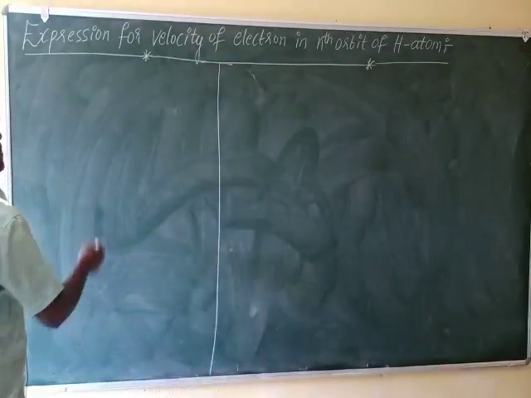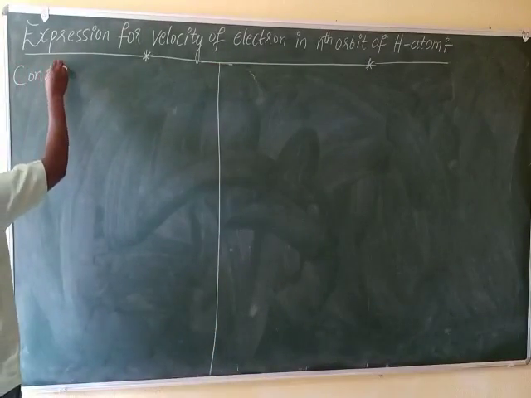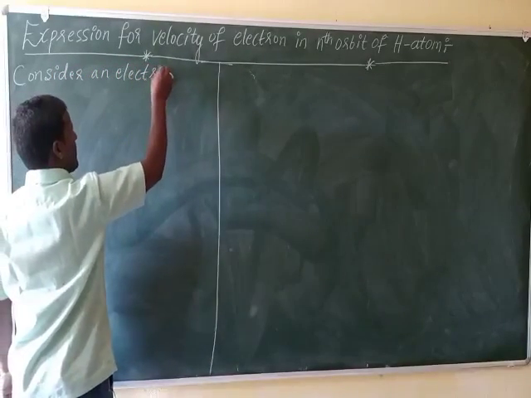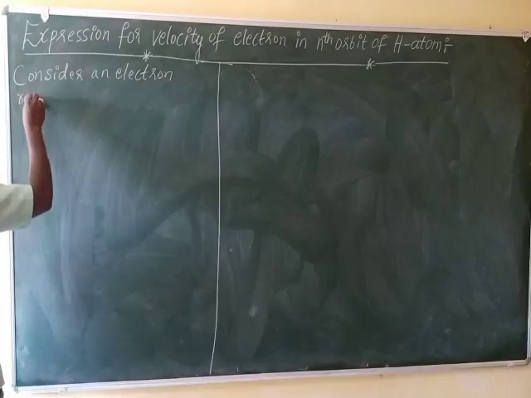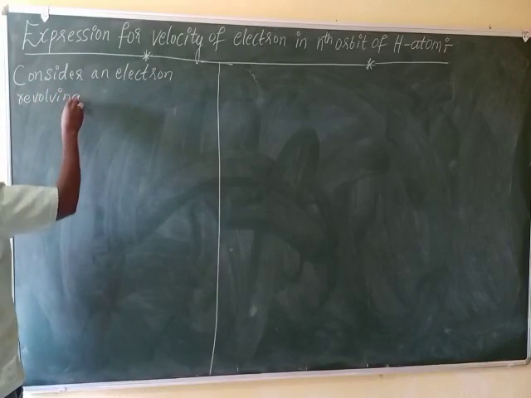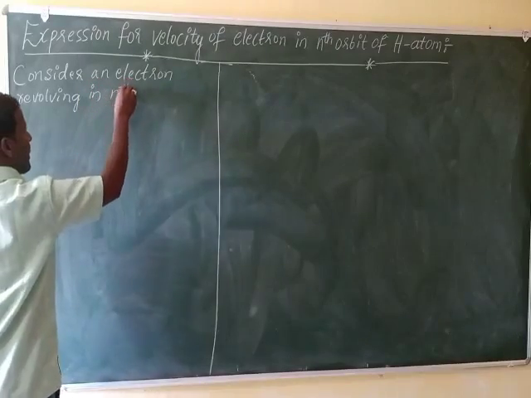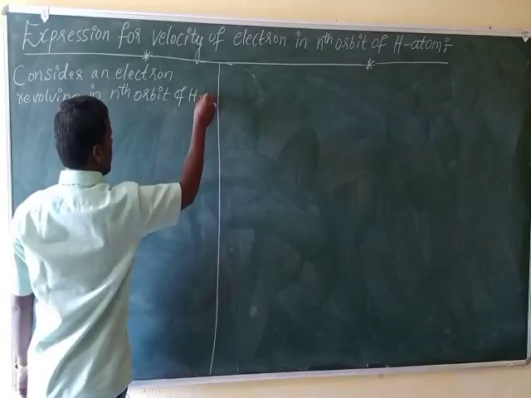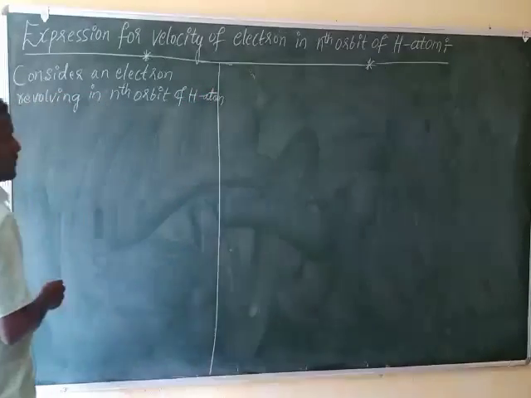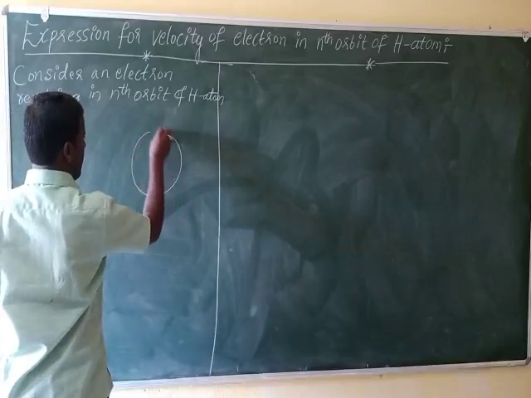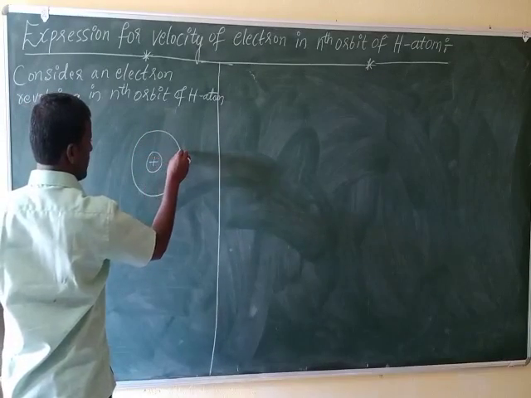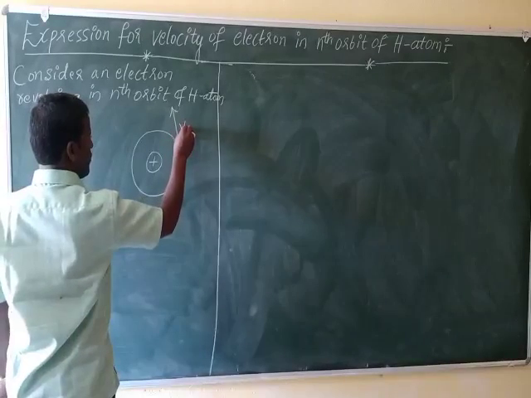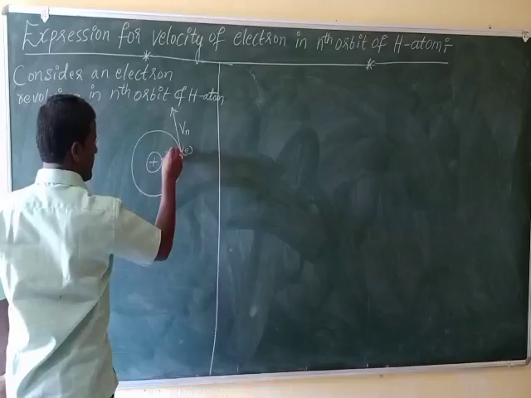Same procedure. Consider an electron revolving in the nth orbit of hydrogen atom. This is the nth orbit, this is the nucleus. This is Vn and this is radius Rn.